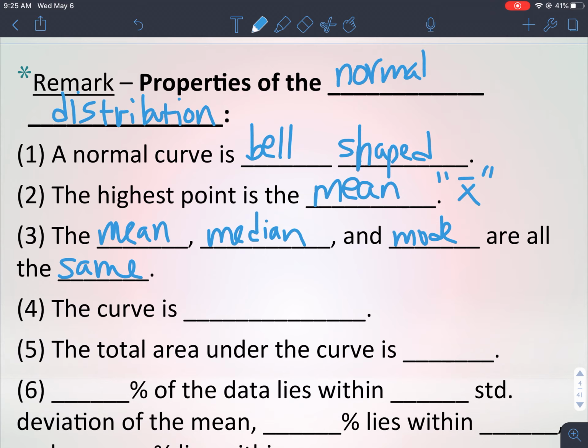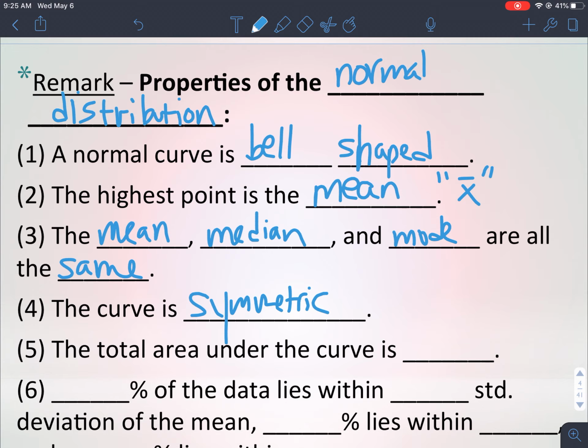And then the median, 50% of the data is below and 50% of the data is above. The curve is symmetric, you can split it in half. That's why I said half the class would be less than 5 foot 5, half the class greater than.